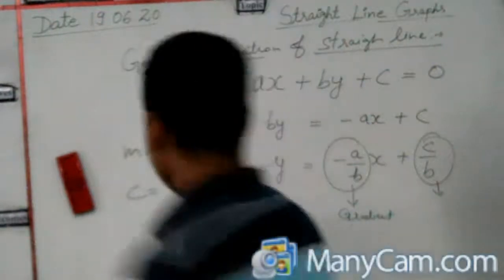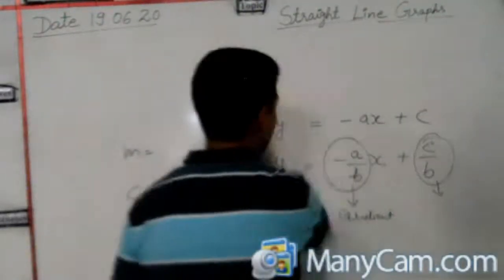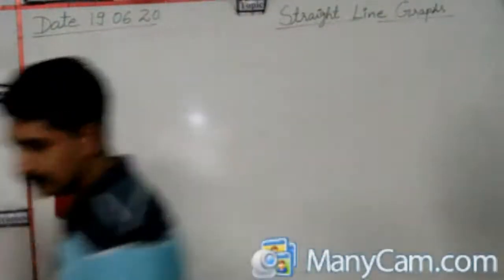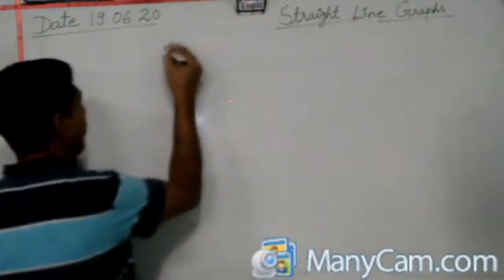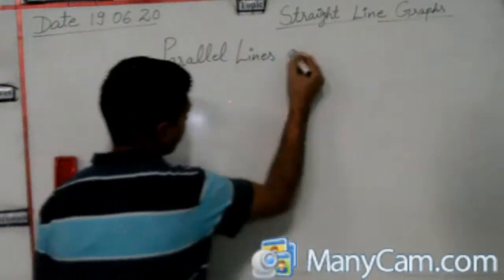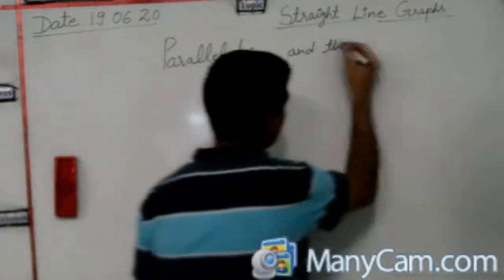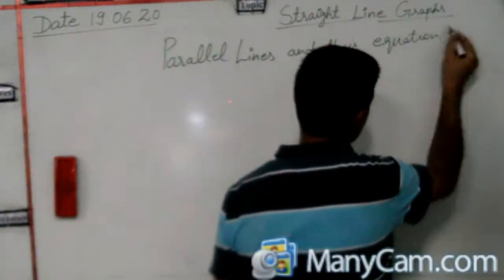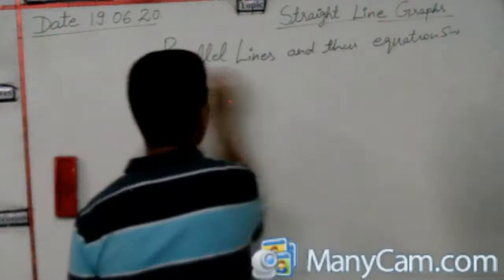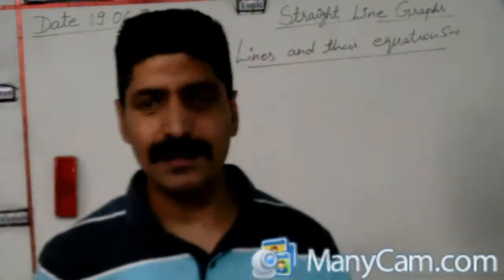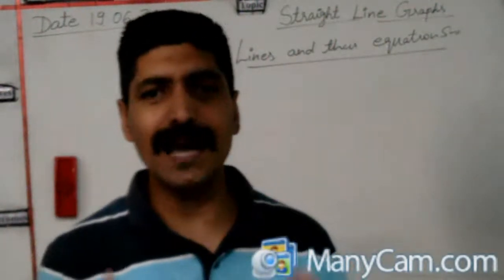So let's take an example. When two lines are parallel, their slope is always the same.